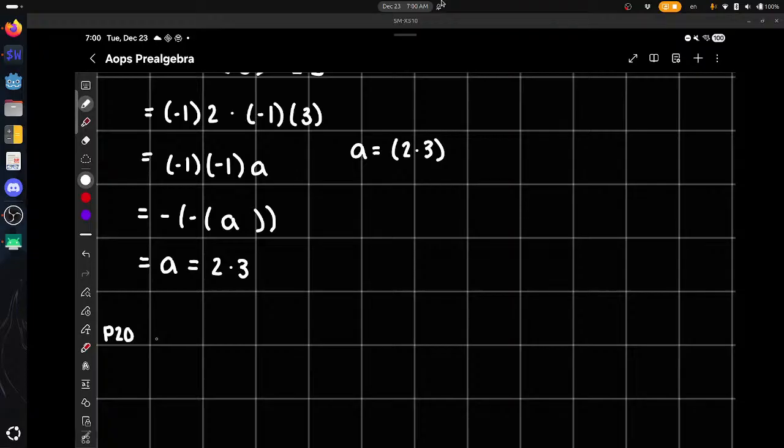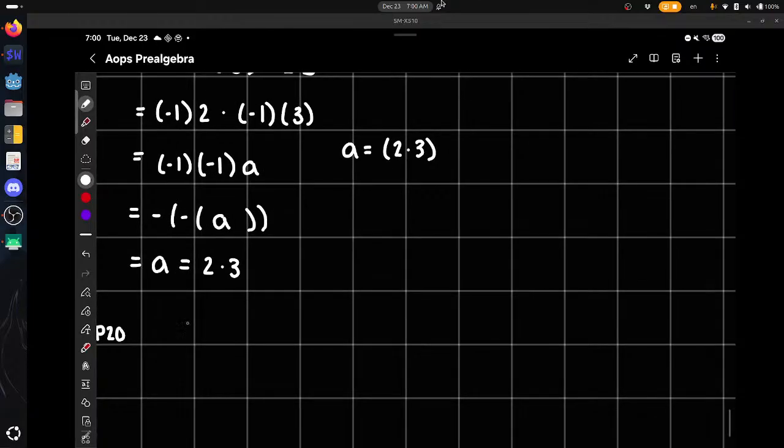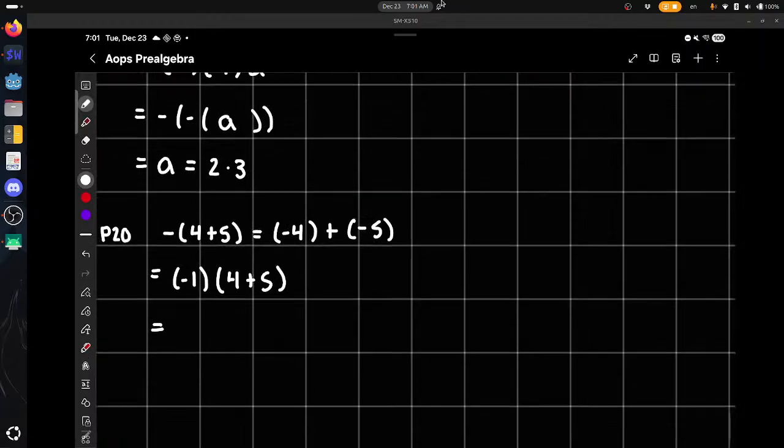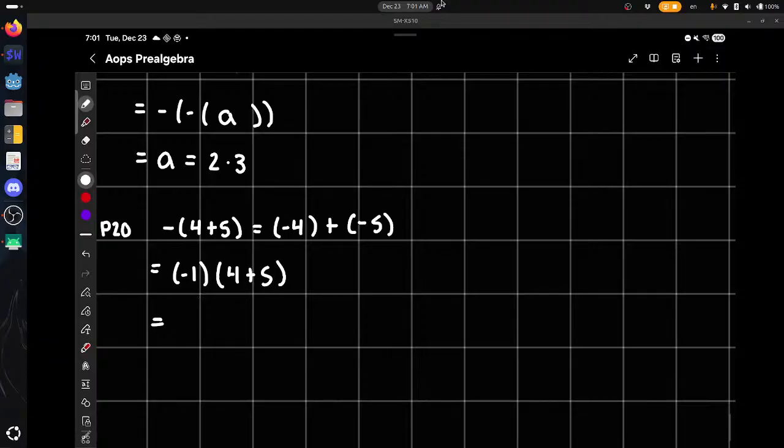Using the fact below, explain why the negation of this expression equals this. This one's easy. Okay, this is where we can use the distributive property. We just hand out the -1 because if we see this as just a variable, it's really just -1 times 4 plus 5, which we can then distribute the negation 1.